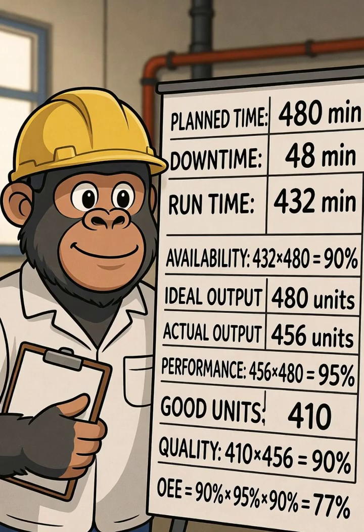Now the final OEE calculation, 90% availability times 95% performance times 90% quality equals a 77% OEE. That means we achieved 77% of our theoretical maximum output. We left 23% on the table due to downtime, speed losses, and quality issues.